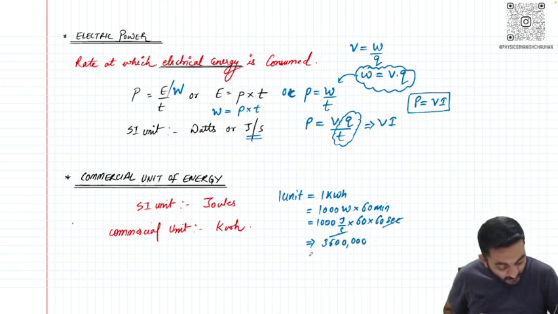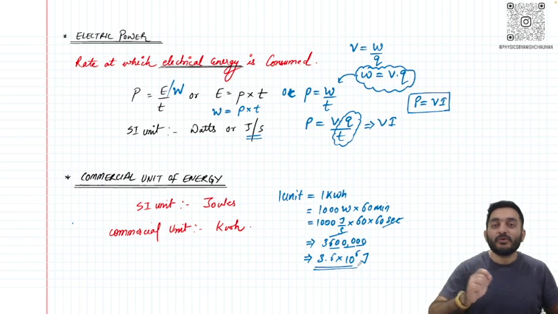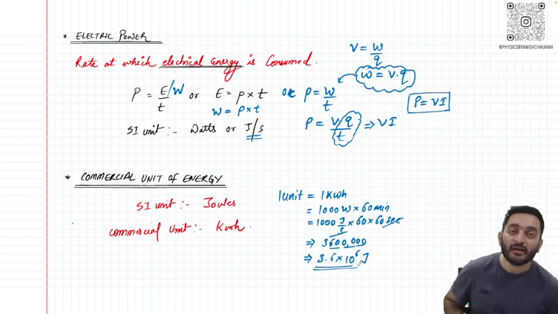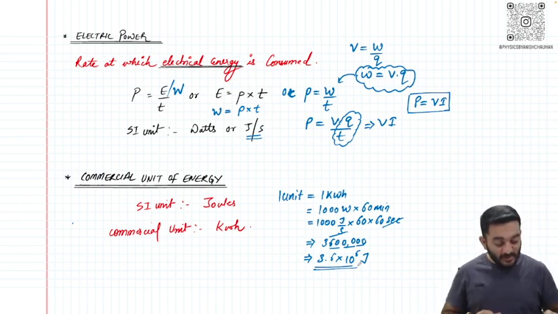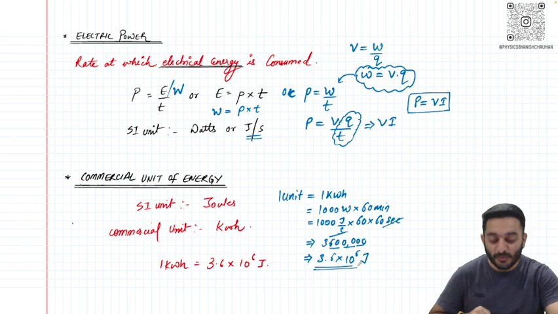If we write in terms of 10 raised to power, it is 3.6, and shifting 6 digits, this is going to be 3.6 into 10 raised to 6 joules. So 1 unit or 1 kilowatt hour means 3.6 into 10 raised to 6 joules of energy somebody has consumed.